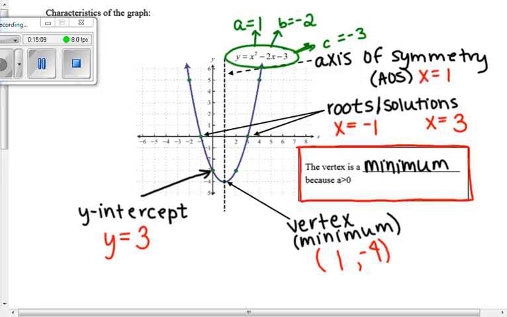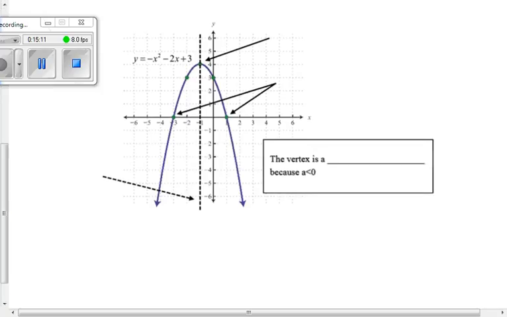Now, there is the exact same problem, just with a different looking parabola. Make sure that you are adding that arrow for where we cross the x-axis. You go ahead and fill in everything we did. Fill in where the vertex is and what the coordinate point is. Fill in where the axis of symmetry is and what the equation is, where the roots are and what their x values are, and where the y-intercept is as well, and then fill in the box.